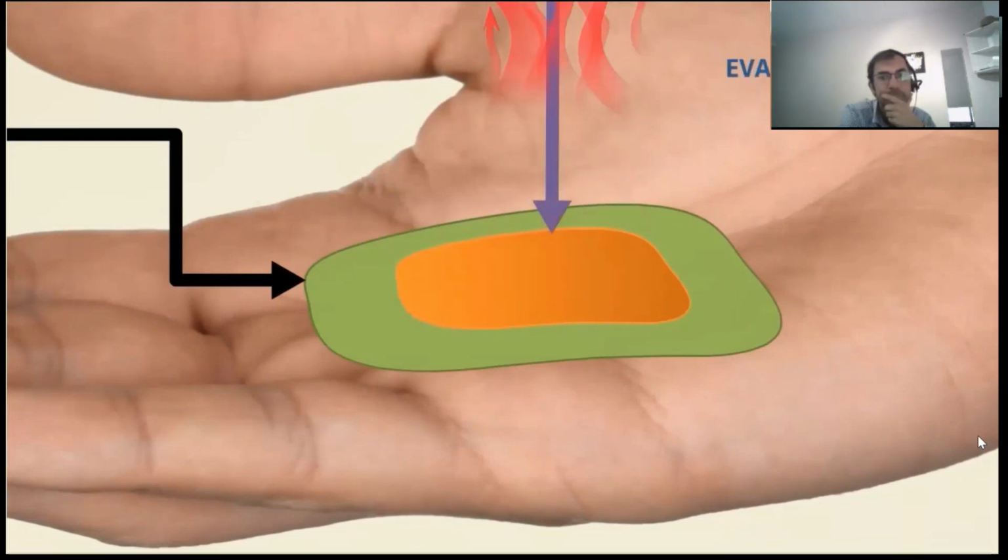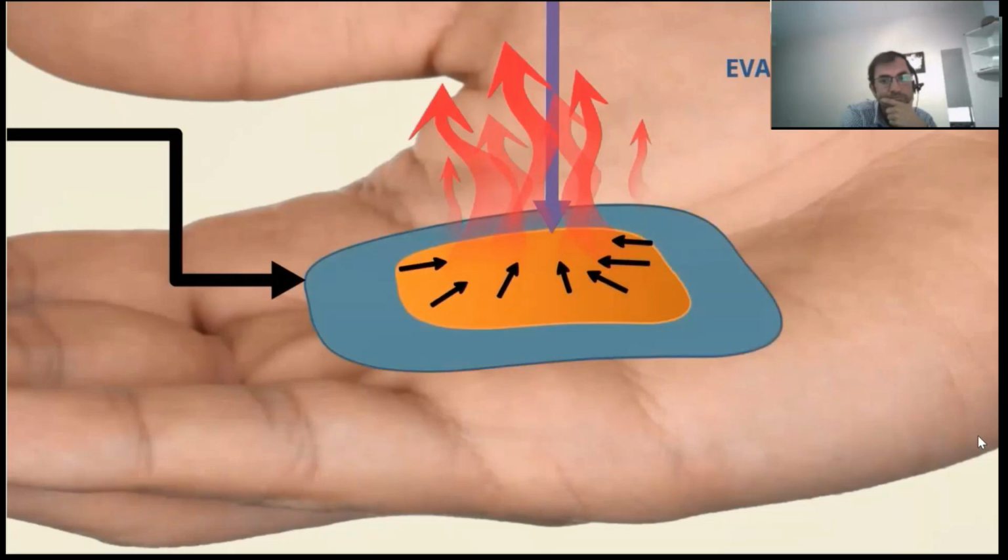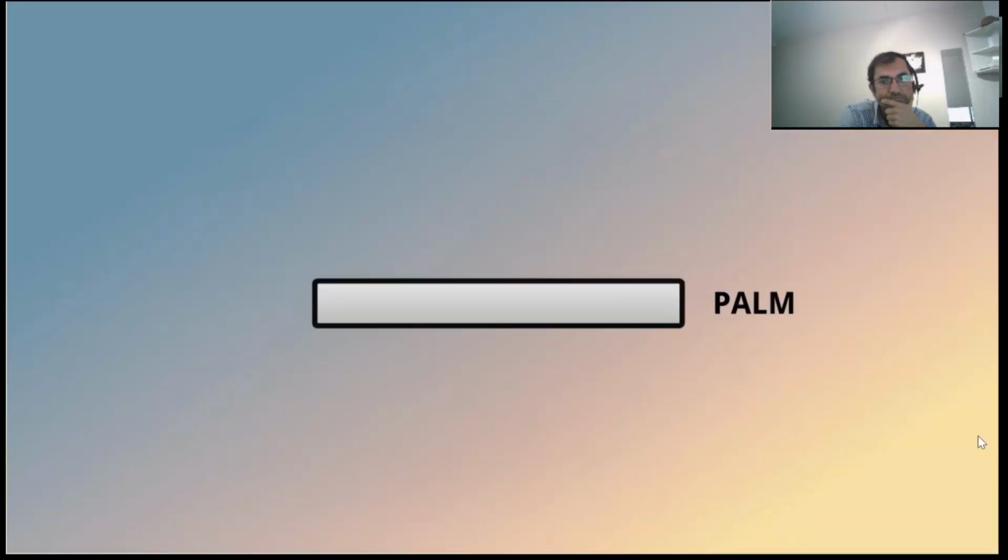Now what do you think? Where does it get the latent heat of vaporization from? It takes the heat from your palm, and gradually the palm loses heat. Losing heat means the temperature goes down and the palm gets cold. Let's try to understand this in a simple diagram. This is the palm and this is the spirit.